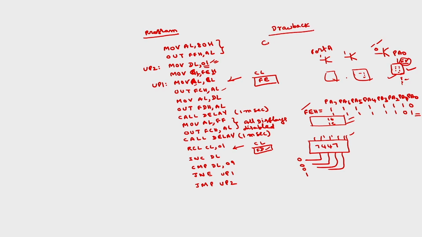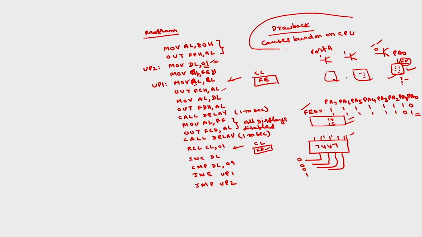If the CPU is performing some important task, then after displaying the first digit, before coming to the second digit, if the CPU is busy with some other important task, then only the first display will be enabled all the time and the remaining will be disabled. So this is the burden on the CPU.